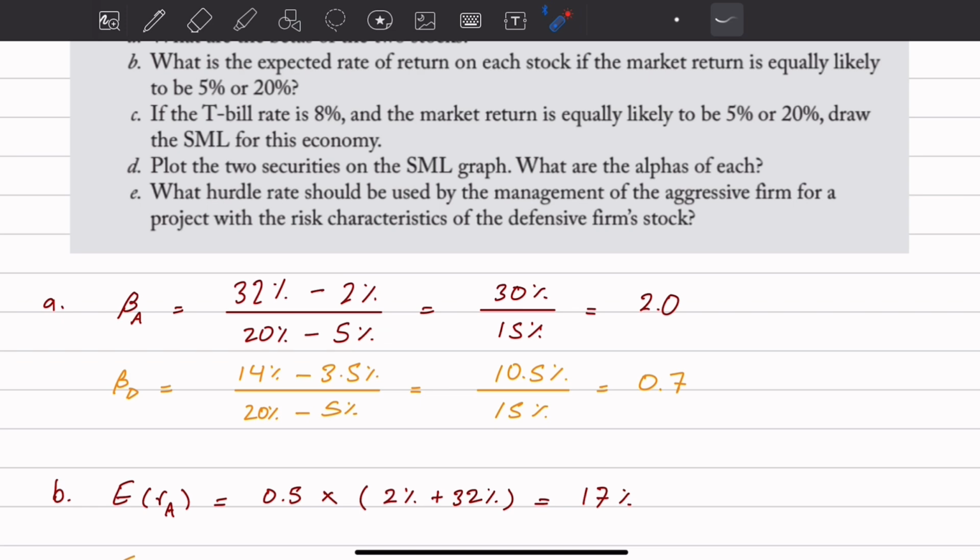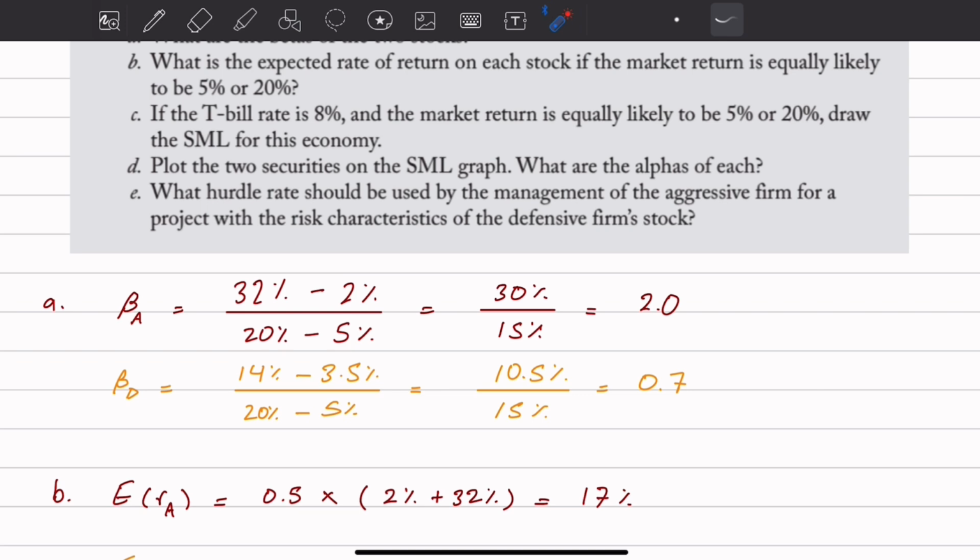We know that the beta for the risk-free rate or the Treasury bill is 0. So we have our first point here where beta equals 0 and the expected rate of return is 8%.